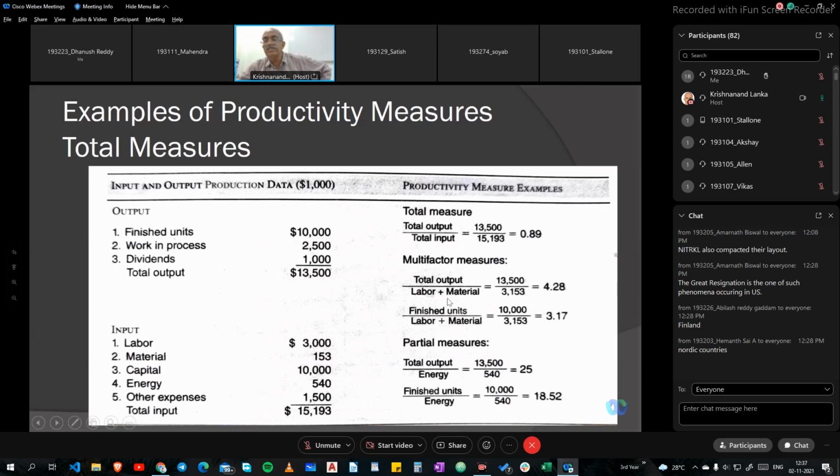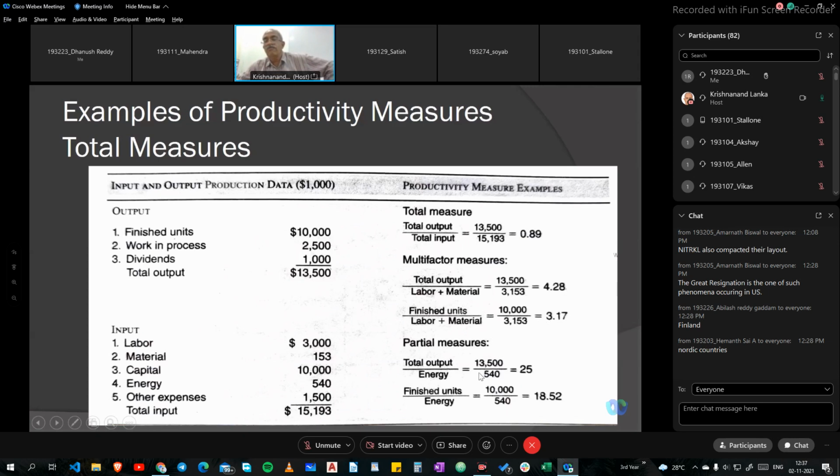So you can see the finished units here, their value is 10,000, and the labor plus material. So here you are getting labor plus material productivity, and then partial measures can be like total output by energy.